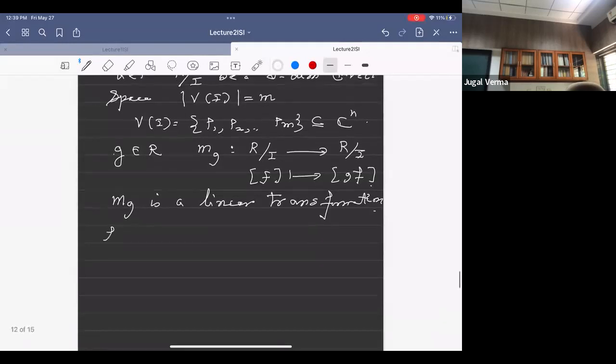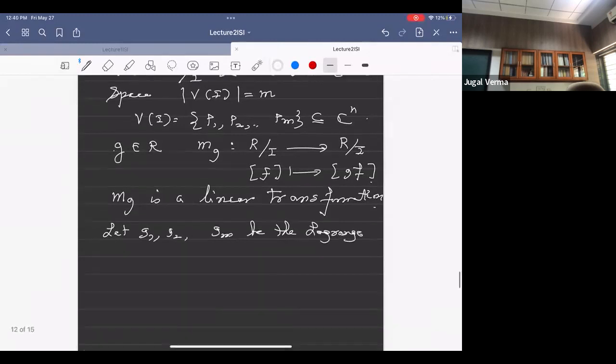So let g1, g2, ..., gm be the Lagrange interpolation polynomials for these points, which are all the solutions to my system of polynomial equations.